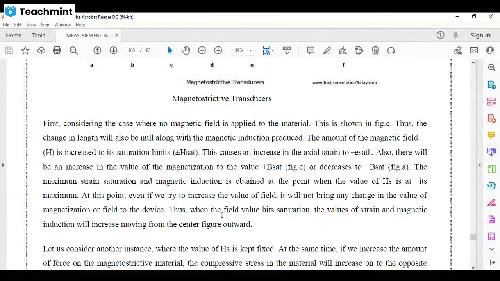And when the field value reaches saturation, the value of strain and magnetic induction moves from the center figure to the upward or outward direction.